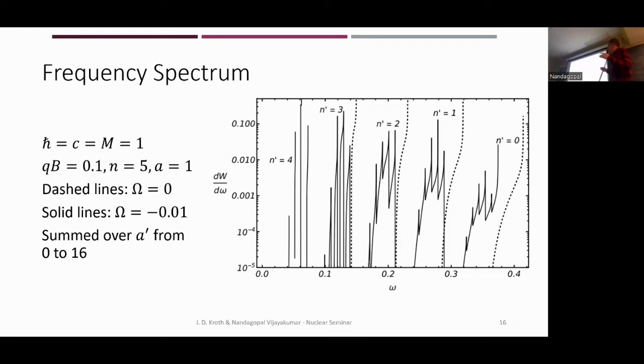A prime can be any integer as long as our final energy is less than our initial energy. We only sum over a few here, but that's okay because we can see that as this goes down, which corresponds to increasing a going to the left, we have decreasing amplitudes for each peak. So there is some dependence of the amplitude of the actual emission on a prime.